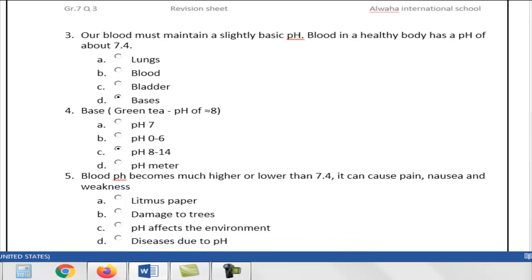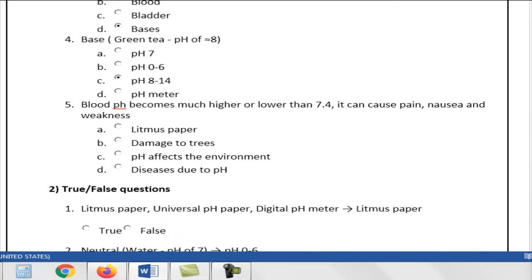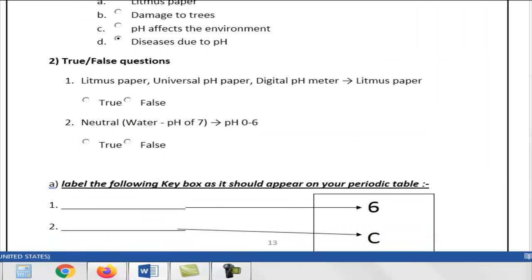If blood pH becomes much higher or lower than 7.4, it can cause pain. It's called litmus paper. pH affects the environment, and disease due to the pH. Number D. True or false? Litmus paper, universal pH, digital pH meter.